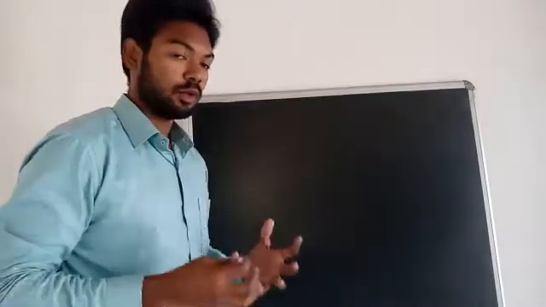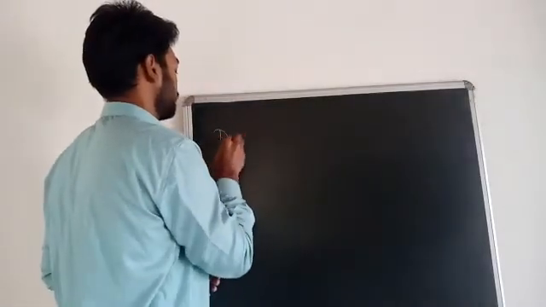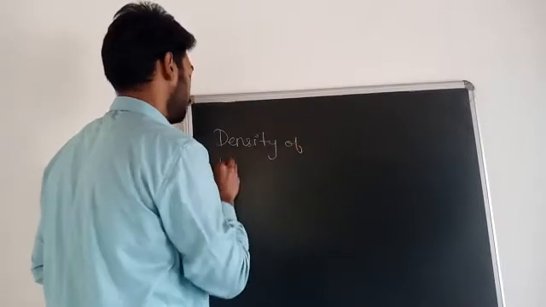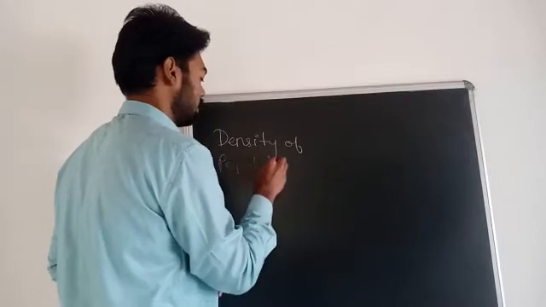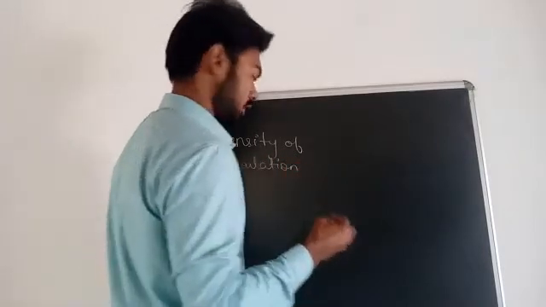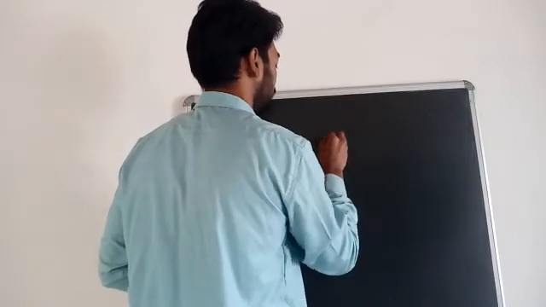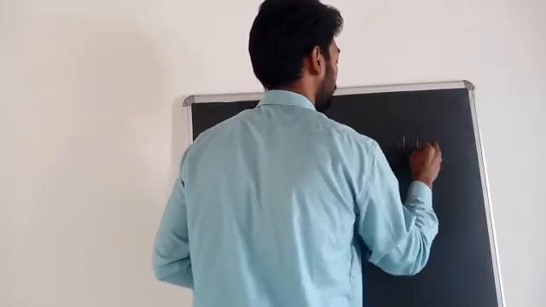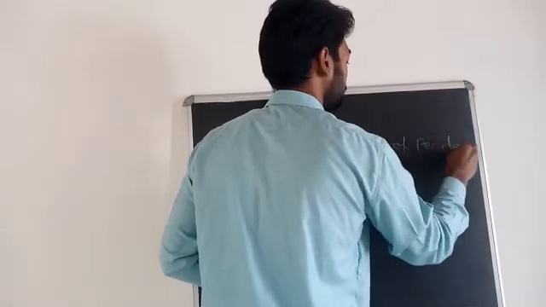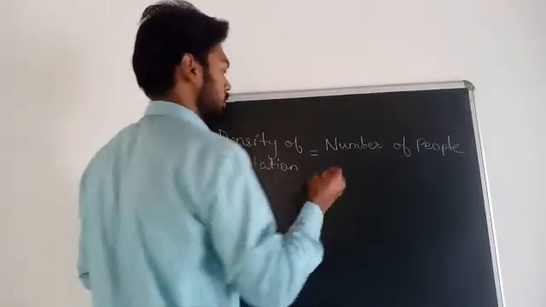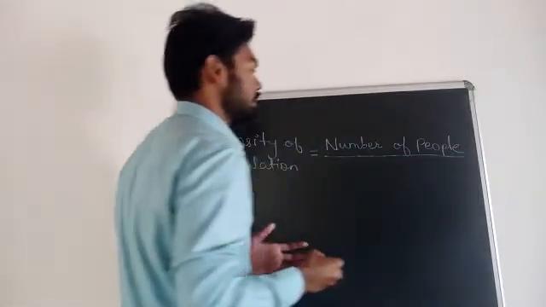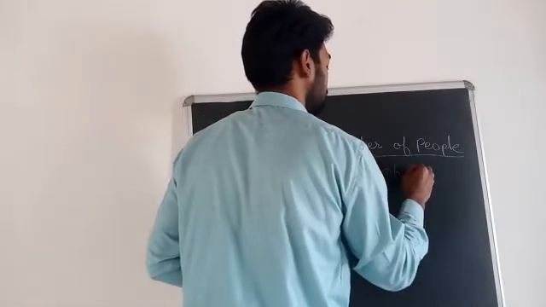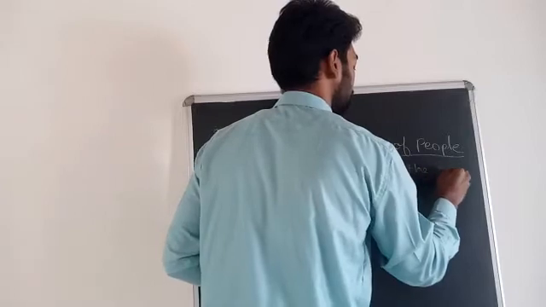The formula goes like this: density of population is equal to the number of people living inside that region divided by the area of the region.